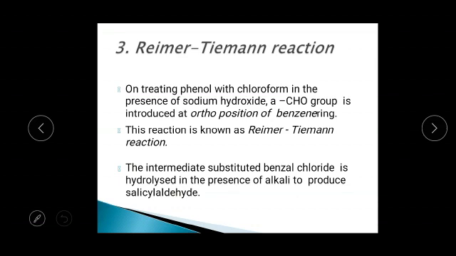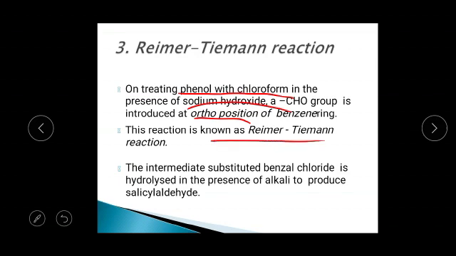Another important naming reaction is the Reimer-Tiemann reaction. Phenol is treated with chloroform in the presence of sodium hydroxide, and a CHO group, an aldehyde group, is introduced at the ortho position of the benzene ring.